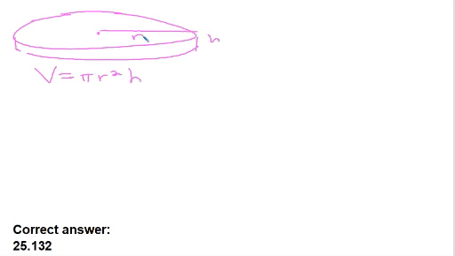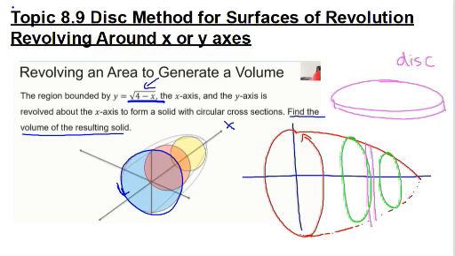That's how we would find the volume of any old cylinder. But remember, this disk, this quarter, is laying flat. We actually sliced it vertically. So my radius is going to be my function value in this case.